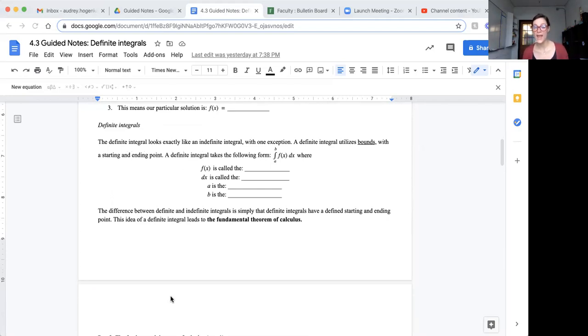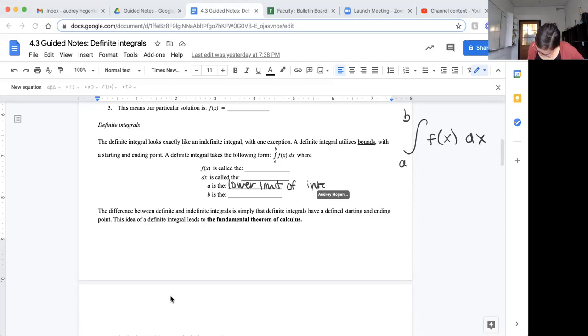The integral from a to b, so we now have letters at the end, a to b, of f of x dx, where f of x is still the integrand, dx is still the variable of integration, but a has now become the lower limit of integration and b is the upper limit of integration. I'm not going to write out that whole thing. The difference between definite integrals and indefinite integrals is simply that definite integrals have a defined starting and ending point.